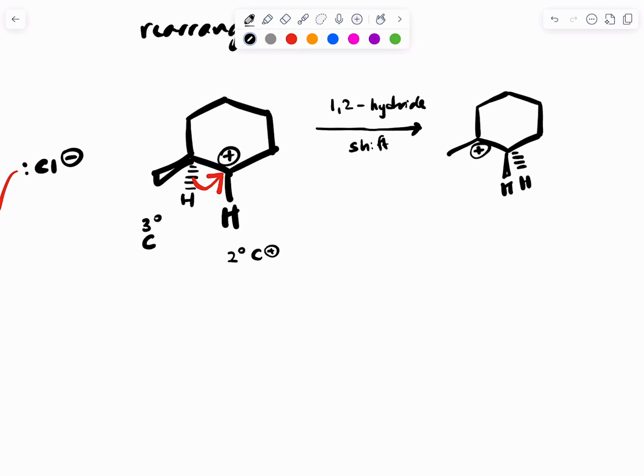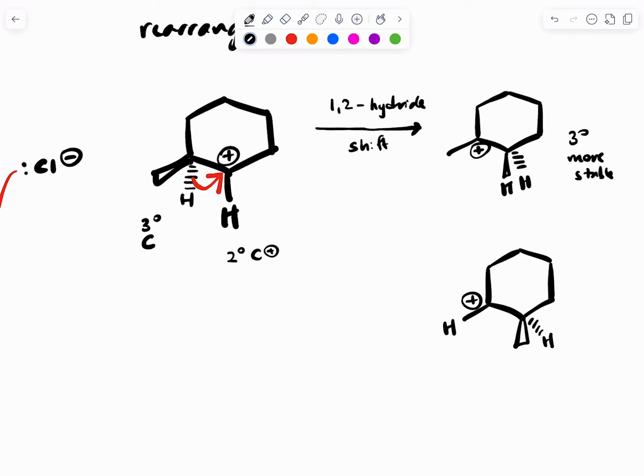All right, so look at that carbocation. Now let's imagine that it was the methyl group that shifted over. What's the difference between those two options? This is a tertiary carbocation that is more stable. This is a secondary carbocation that's no more stable than the starting one. So the rearrangements that I ask you to predict will always lead to more stable carbocations.